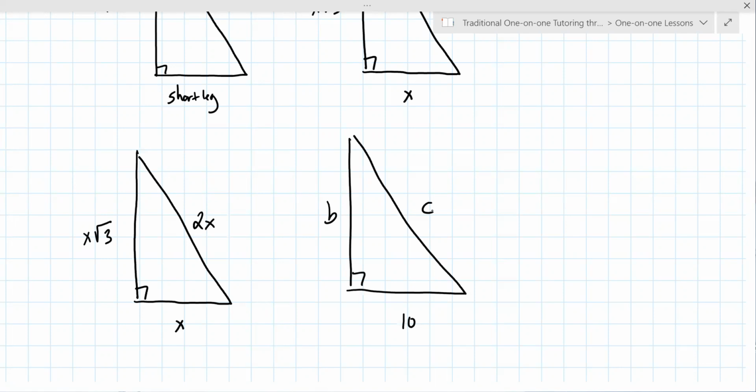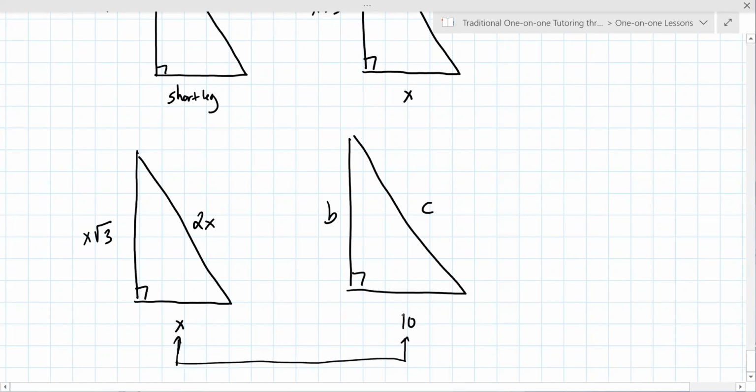Okay, so just looking at the equation, you set your known side, which is 10, equal to the reference side x. So in your problem here, x is 10. C is really 2x. What is x? x is 10. So we do 20.